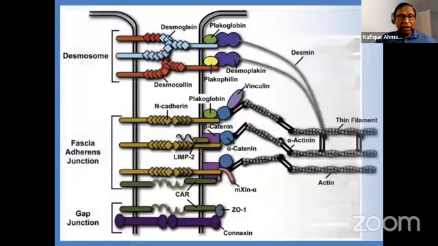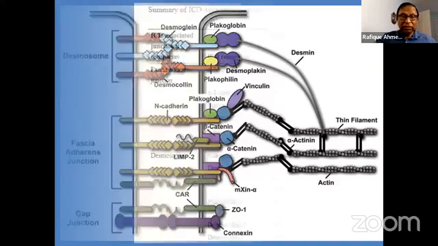This is one cell and another cell, connected by these proteins, desmoglein, plakophilin, and these are important because we can have problems with this and cause different kinds of disease processes. And I'll just give you a summary of this.